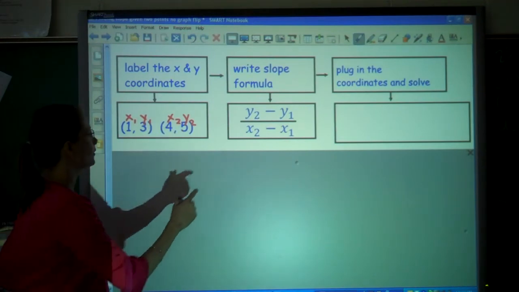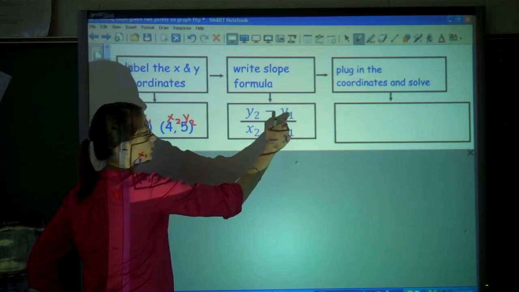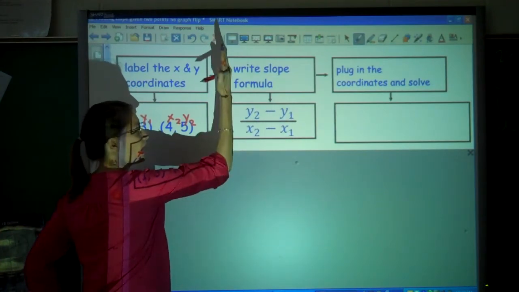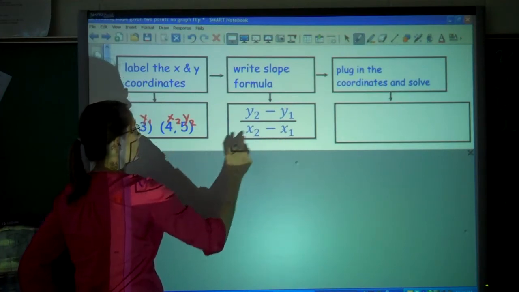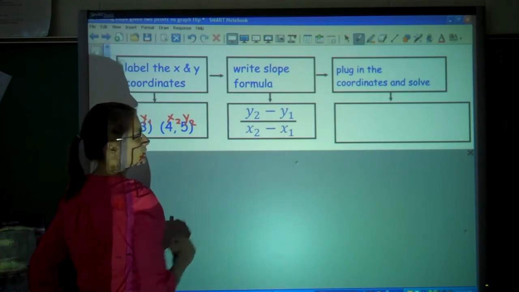And then we write down our formula, which is y2 minus y1, because when we rise, we're changing our y's, and when we run, we're changing our x's, so we do x2 minus x1.